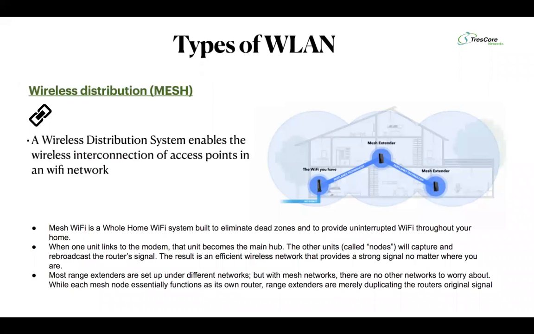So that's why nowadays, if you go anywhere, you would see a mesh. That's the word that's out there. It's a distributed system where they have three or four devices. They form a mesh. It's almost like an extender, but each one of them can simultaneously form its own zone and facilitate communication for the clients.